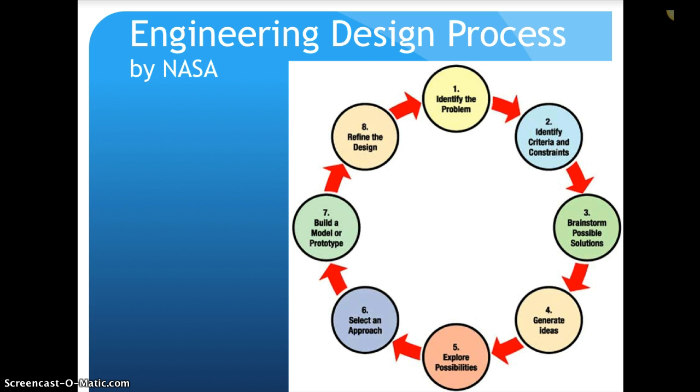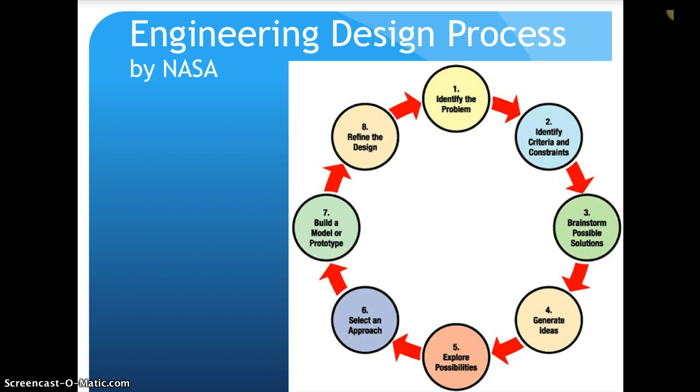They build a model or prototype, and that's really key here. Kids can come up with their own model or prototype, or you could have everybody in the class build the same prototype and then from there expand their abilities after they test. I've done this both ways in the classroom, and it works really well.